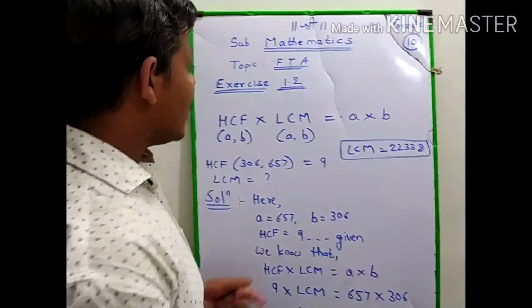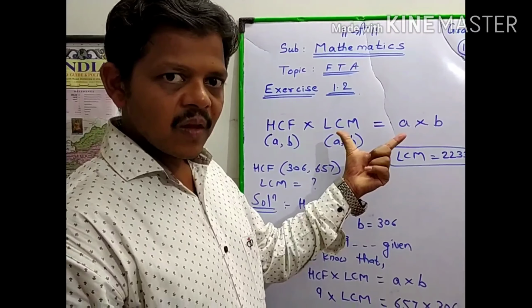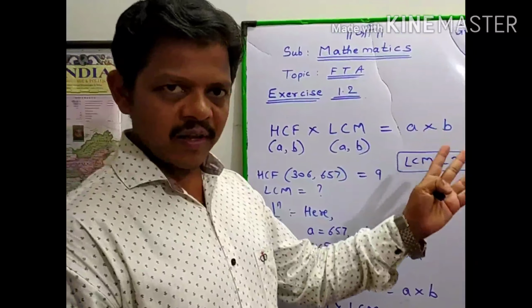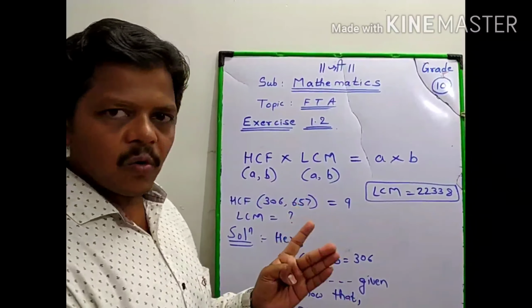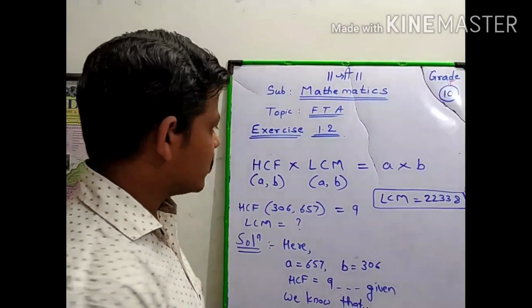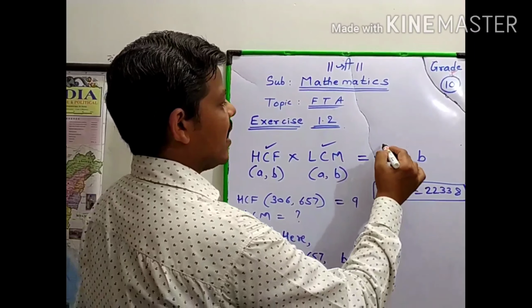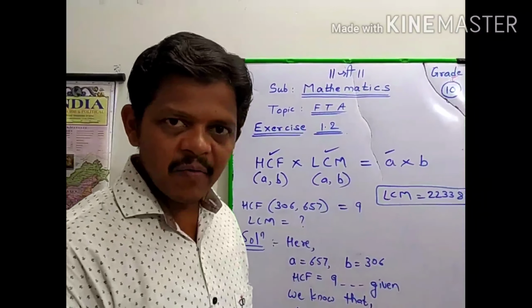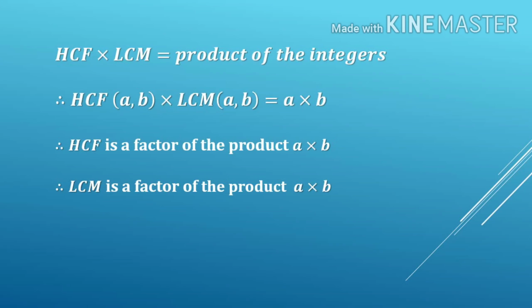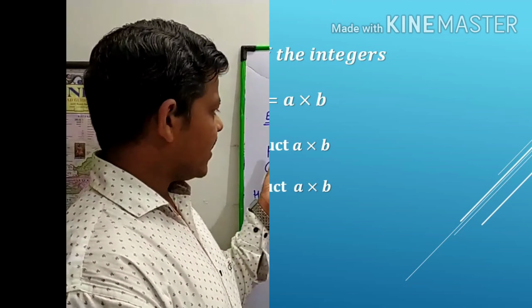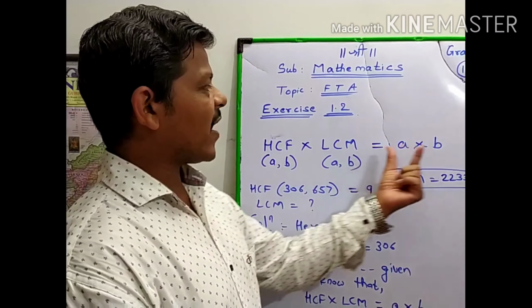So using the relation, out of the given 4 things, HCF, LCM, A and B, if any 3 things are known, very easily you can find out the fourth. Suppose they give us HCF, LCM and one integer, the second integer can be found out. Am I right? And now, one very important thing we realize over here, my dear children, is that HCF is always a factor of the product.